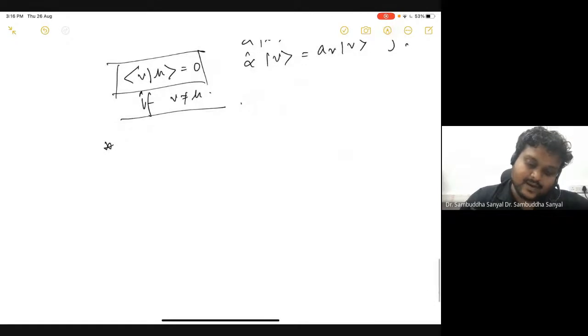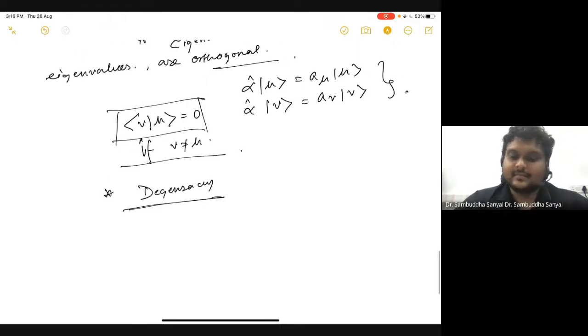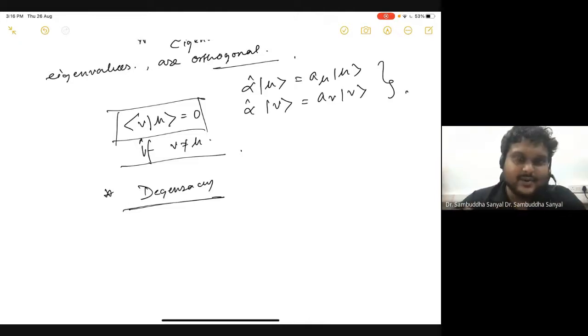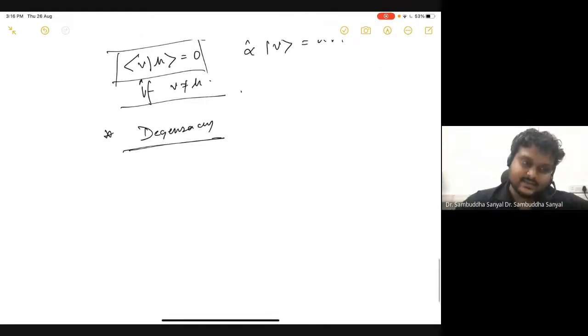Now the third property is degeneracy. In the previous two, I made an assumption that two eigenvalues are always different, but that need not be true. It can turn out that even though mu and nu are different labels, the eigenvalues can be the same, which means two eigenvalues are the same. That's an example of degeneracy. So let me write that context.